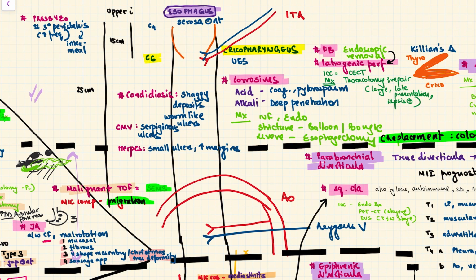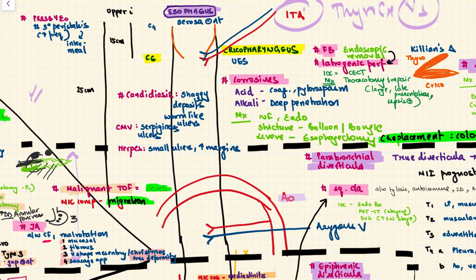So, upper one third is supplied by inferior thyroid artery and inferior thyroid vein, right? You should remember from the arterial anatomy that inferior thyroid artery is a part of thyrocervical trunk, which is the first part of subclavian artery, right?